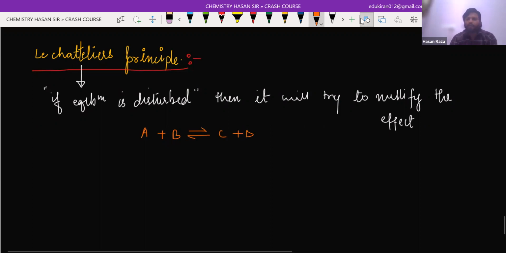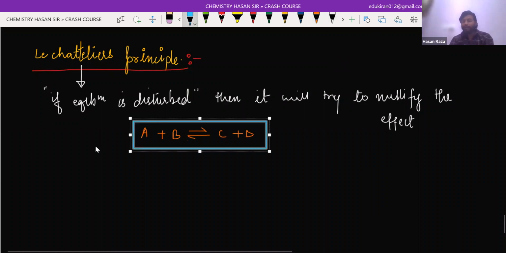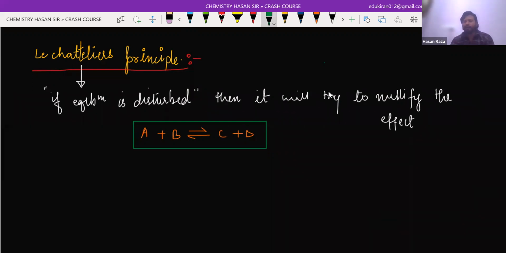So at equilibrium, we already discussed that the rate of backward reaction will be equal to the rate of forward reaction, as well as the concentration of reactant and concentration of product become constant with respect to time. But let's say by any means you add some concentration of A. If you increase the concentration of A, the equilibrium will shift itself towards the right hand side to nullify the effect.